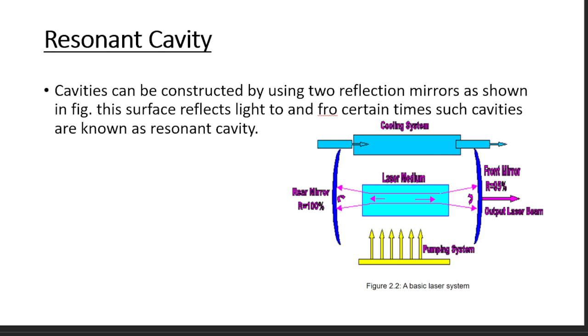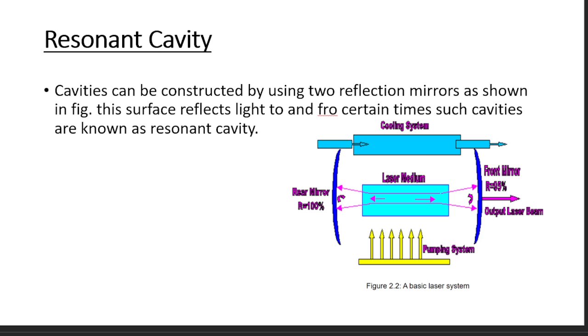Now next is the resonant cavity. This resonant cavity consists of two mirrors. The cavity can be constructed by using two reflecting mirrors as shown in the figure. Here is one mirror and here is the second mirror.